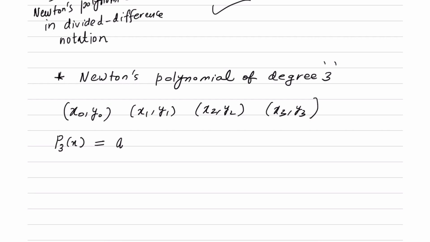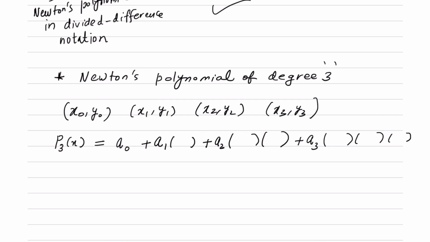Newton's polynomial involves polynomial coefficients which are denoted as a's. Here in this case, the polynomial P3 of x will be a0, no linear factor along with a0, plus a1, one linear factor, plus a2, two linear factors, plus a3. Polynomial is P3, you stop at a3 and 3 linear factors.